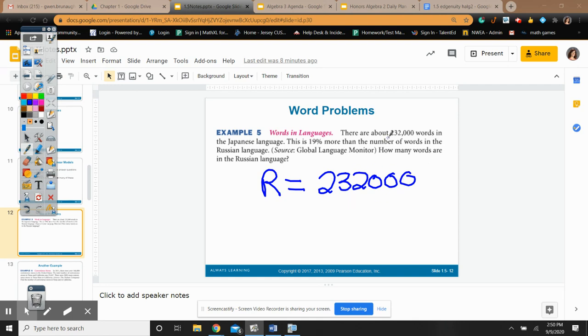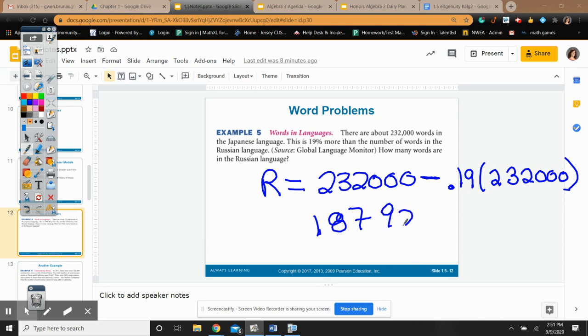So if I take this and then I subtract 19% of the 232,000, that should tell me how many are Russian. So if I take 232,000 minus 19% of 232,000, that will tell us that the Russian language has about 920.